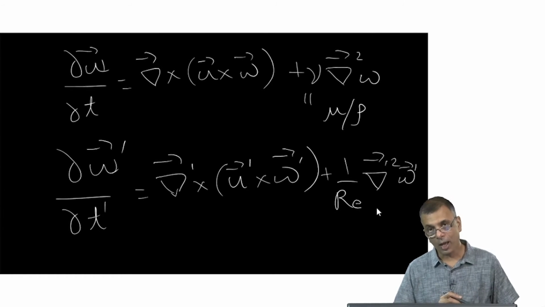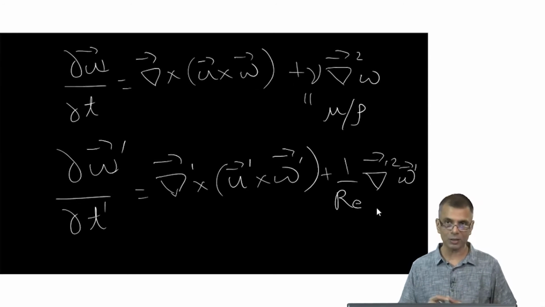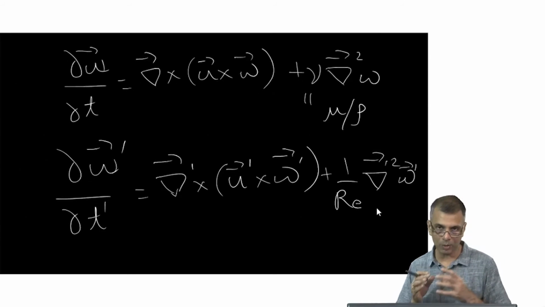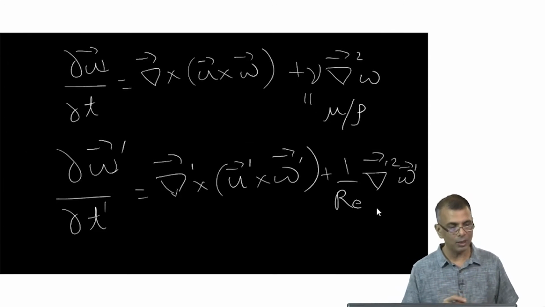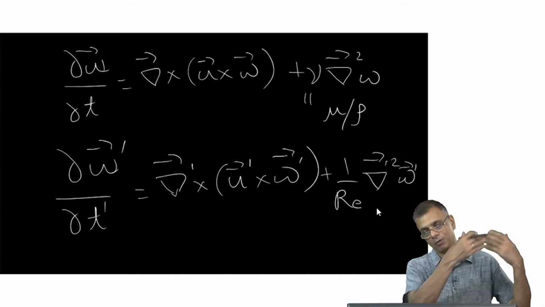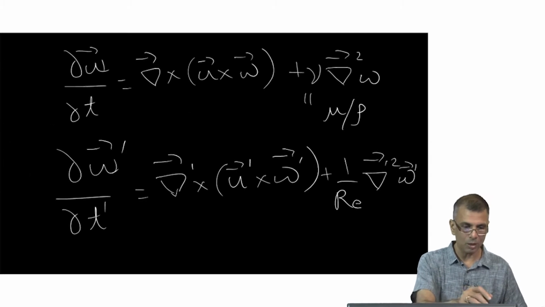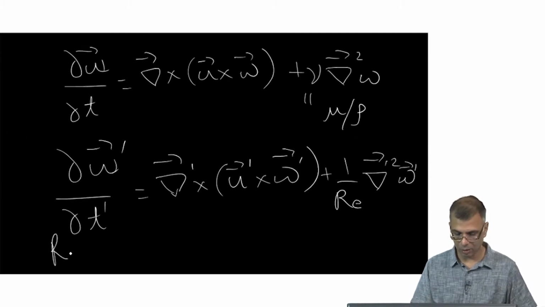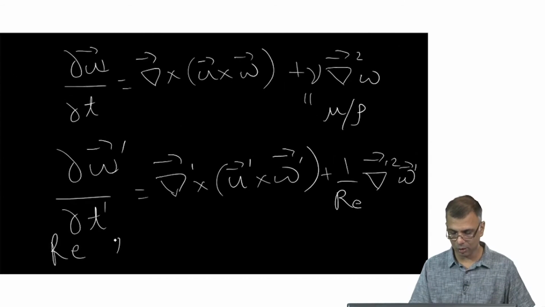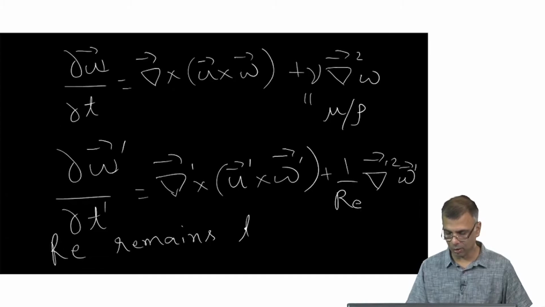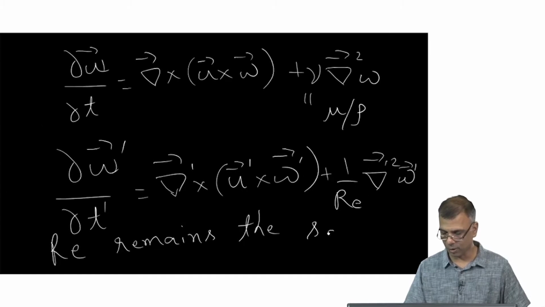And therefore the dynamics of the flow around the miniature body will be exactly the same as the dynamics of the flow around the larger body, provided of course the Reynolds number remains the same.